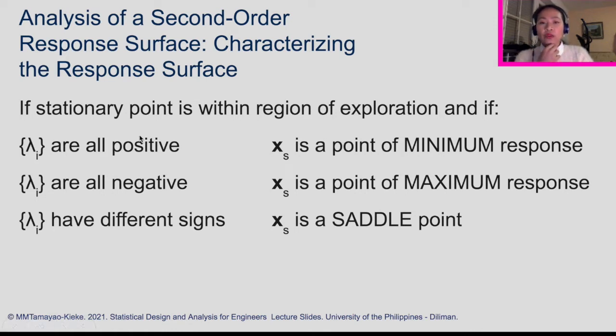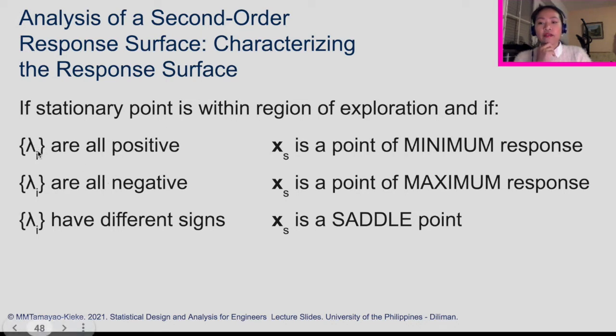So back to characterizing the response surface. After getting the canonical form of your model, you now look at the eigenvalues, because looking at the eigenvalues will tell you something about what kind of stationary point you have for this model.